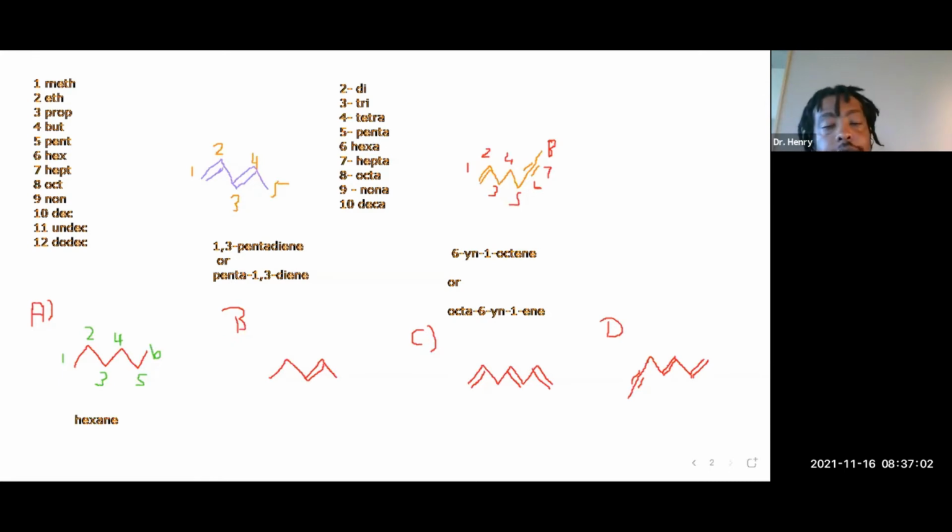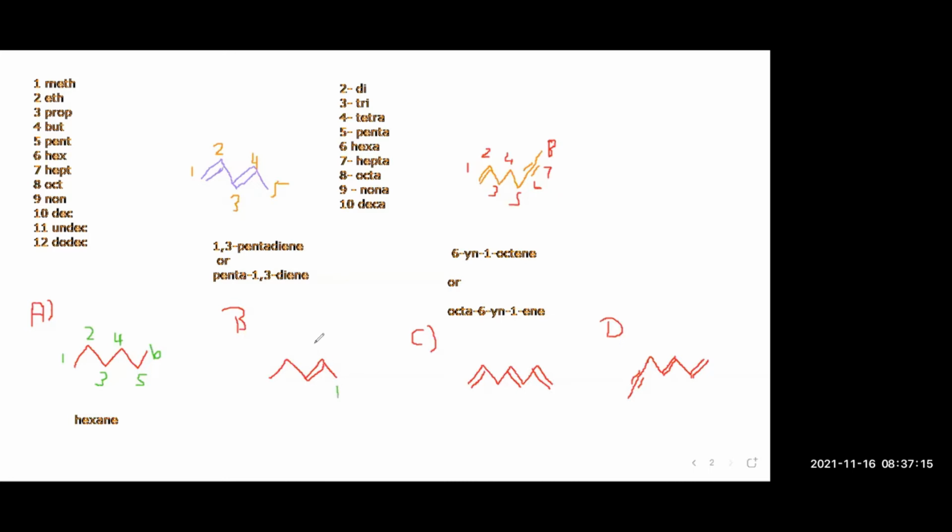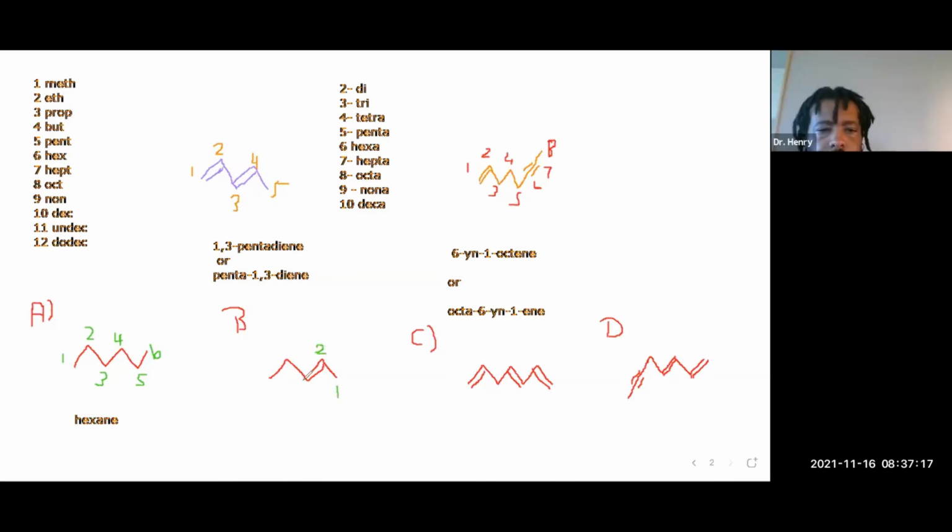What about B? First off, will we count from the left or from the right? That's right, start from the right. So that's 1, 2, 3, 4, 5. We start from the right because it gives the double bond the lowest number. If we started from the left, it would give the double bond a higher number, so we want to make sure it has the lowest number.